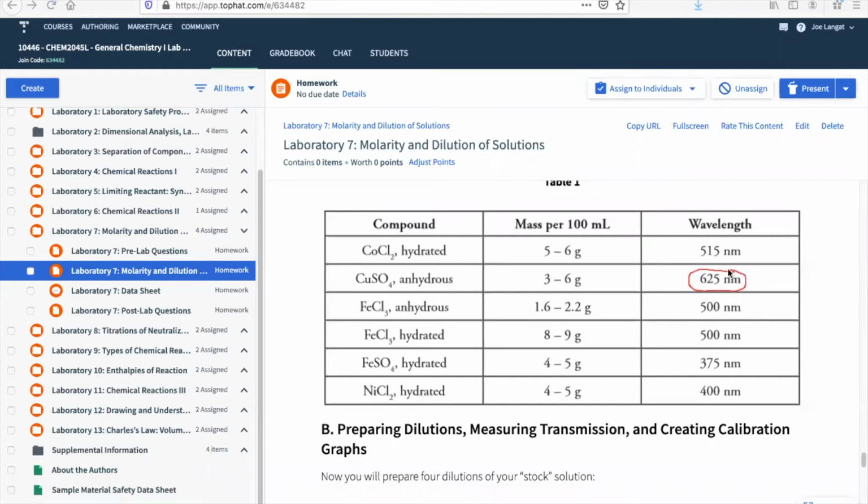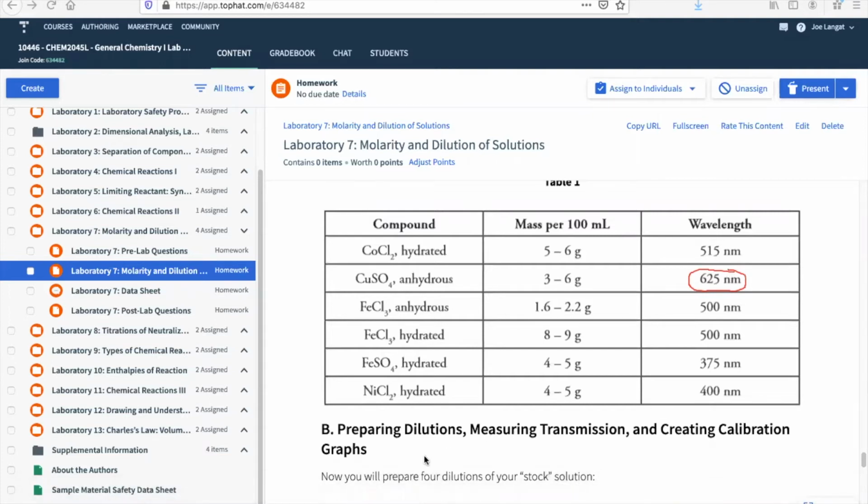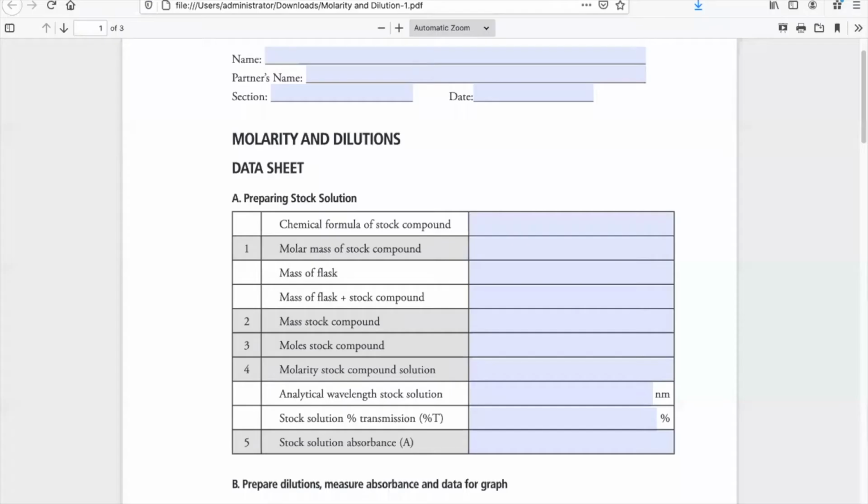What that means is the molecules or ions of the stock compound will absorb light in the spectrophotometer. A spectrophotometer is just an instrument used to determine the concentration of a solution. So with that, I know the analytical wavelength of the solution. That's what I need to see here.